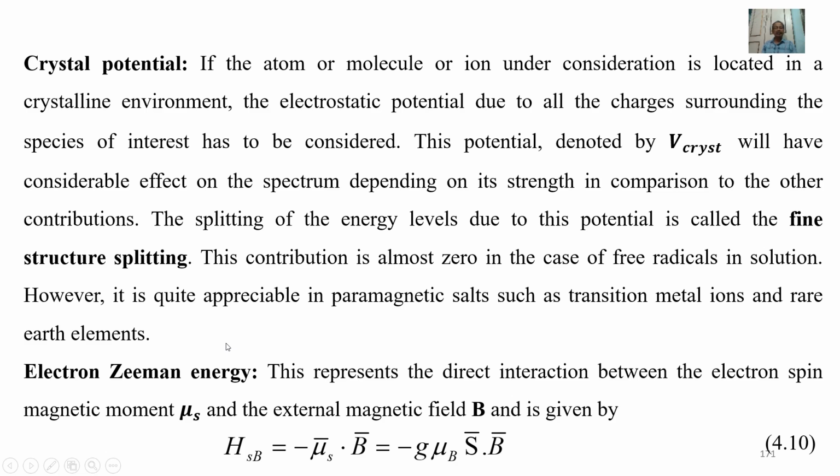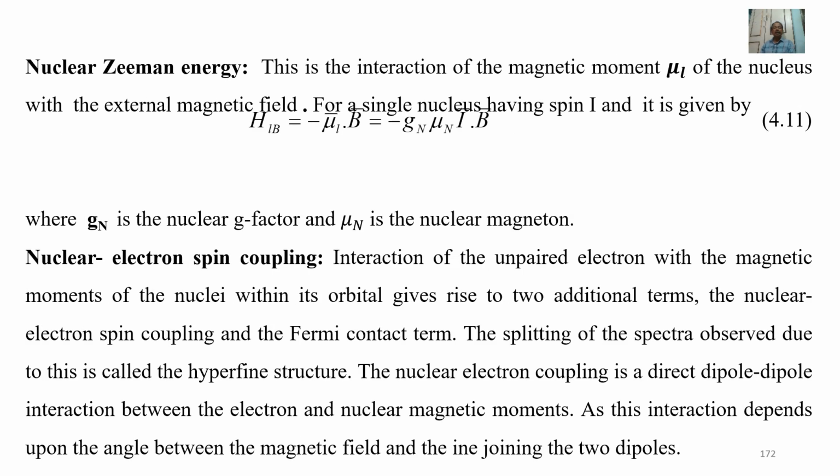Electron Zeeman energy. This represents the direct interaction between the electron spin magnetic moment μs and the external magnetic field B, and it is given by HSB equals minus μs dot B, which is equal to minus g mu B S dot B. Nuclear Zeeman energy.